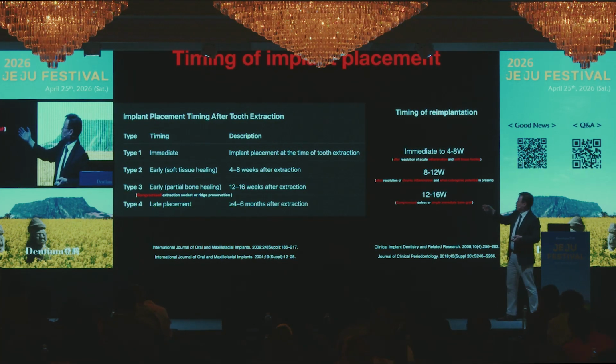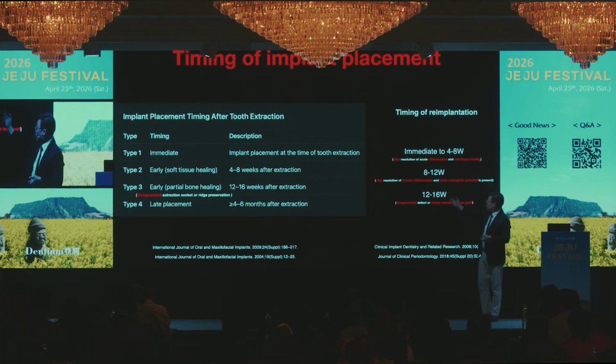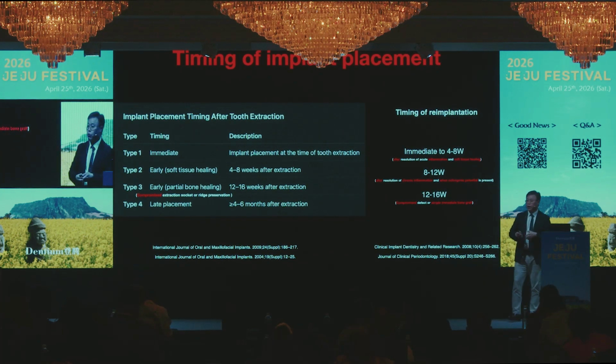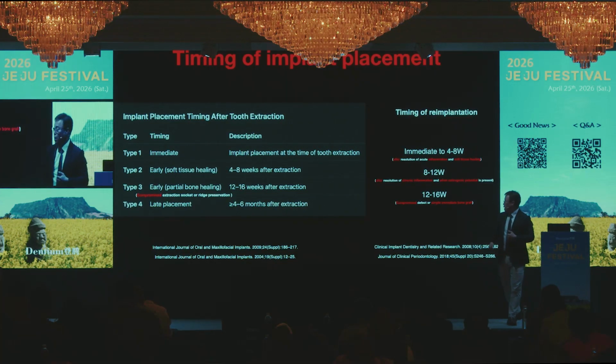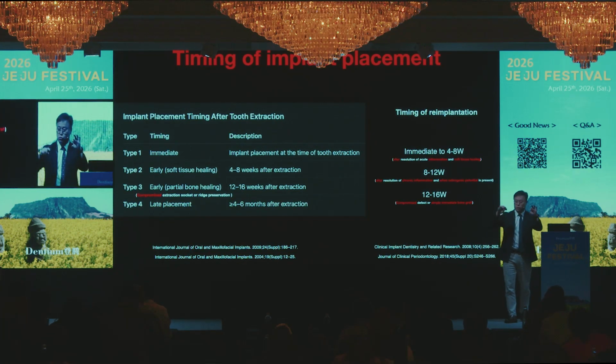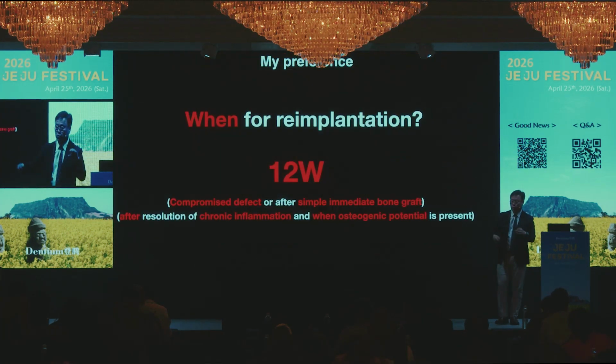As I mentioned, if we consider the resolution of the inflammation or osteogenic potential, we have to wait 8 to 12 weeks. And in some cases, with a compromised defect and simple immediate bone graft, we have to wait 12 to 16 weeks. This is the difference between tooth extraction and implant removal.